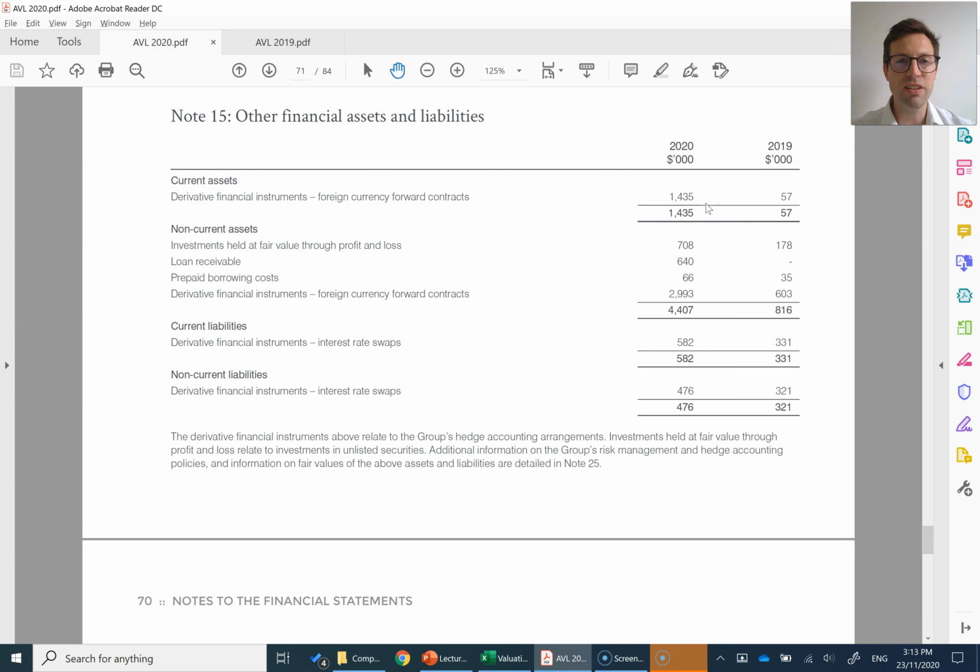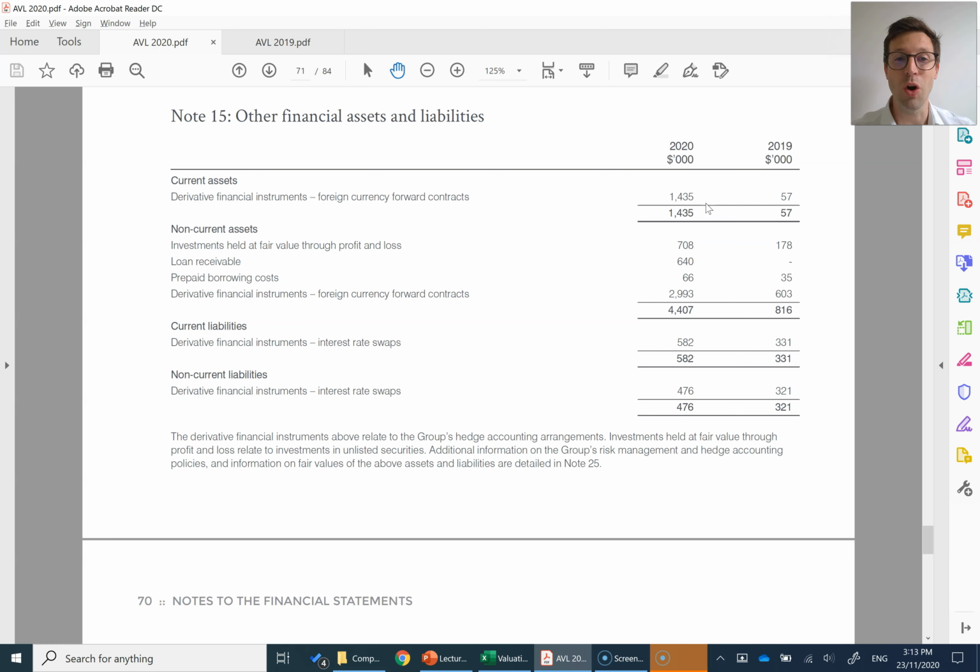Now, this business is selling their products internationally, so they're going to be using foreign currency. They've got derivative financial instruments for that foreign currency. I think that's going to be part of their operations. I don't think that's how they're financing the business. They're not borrowing money from a bank and having to pay interest, that kind of financing. This is a financial instrument. It is some sort of financing activity, but it's for their operations, in my opinion.